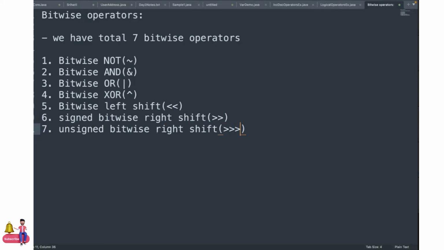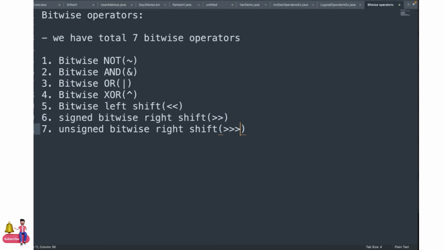There are two right shift operators, one with two greater than symbols and the other with three. The difference is that one is signed and the other is unsigned. We will look into what that means in a few minutes.